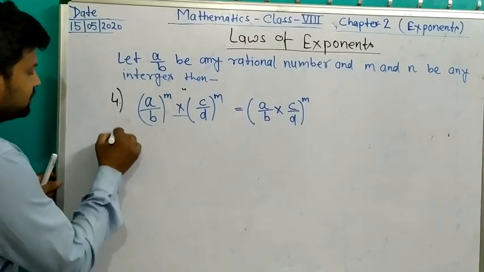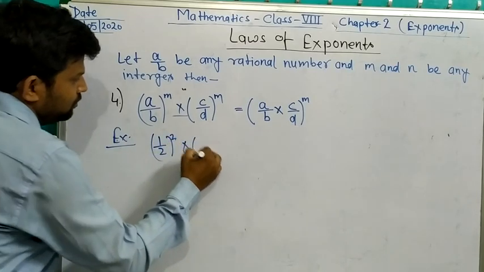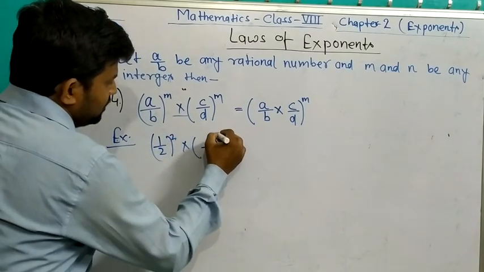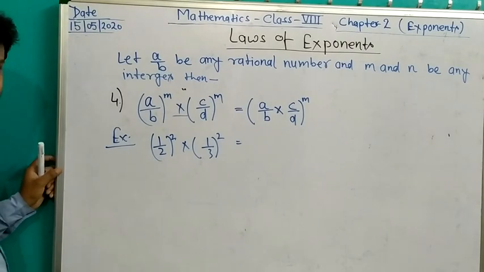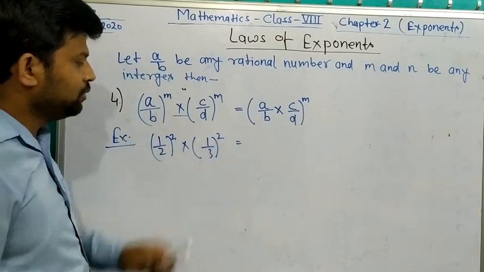For example, (1/2)^2 multiplied by (1/3)^2.